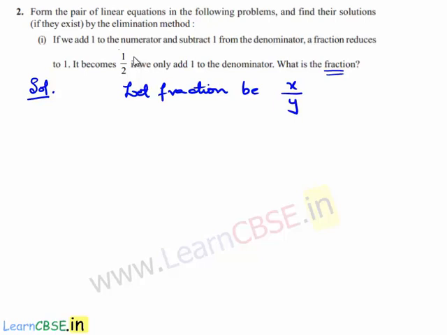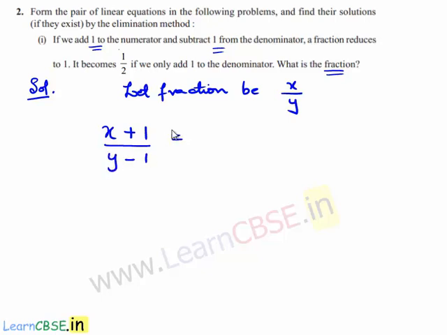So let us first see the first condition, that is when 1 is added to the numerator and 1 is subtracted from the denominator, the fraction reduces to 1. Our assumption of the fraction is x by y. So when we add 1 to the numerator, it becomes x plus 1, and when we subtract 1 from the denominator, it becomes y minus 1.